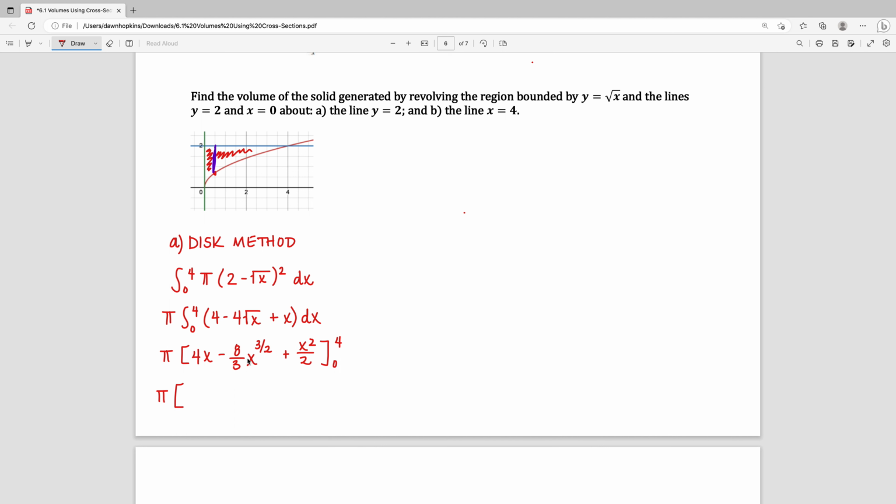Substituting 4 for x, we get 16 minus, and here in the middle, the square root of 4 is 2. 2 cubed is 8, so we get 8/3 times 8, so that's 64/3. Then the last term, 4 squared, is 16. 16 over 2 is 8.